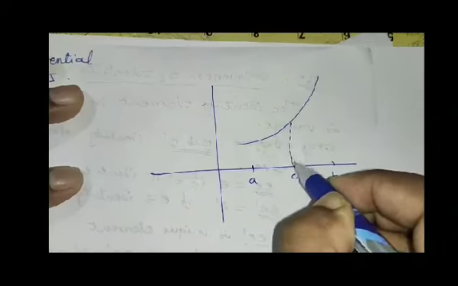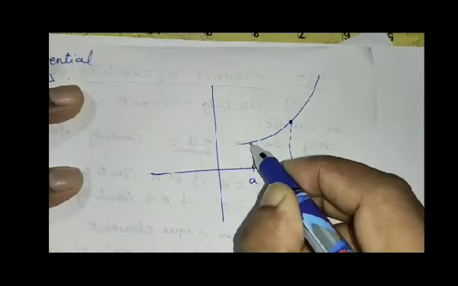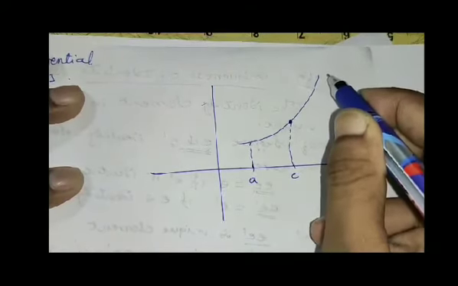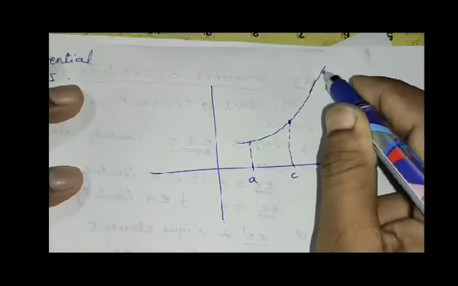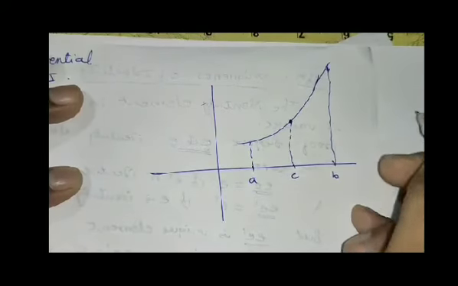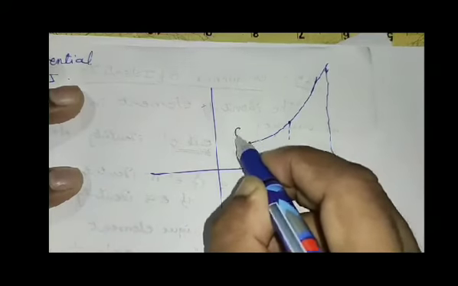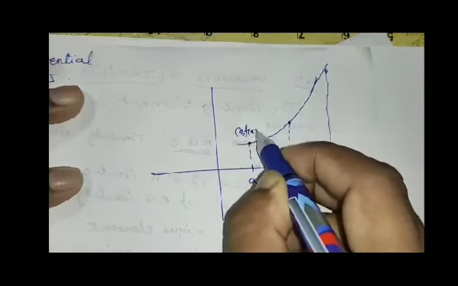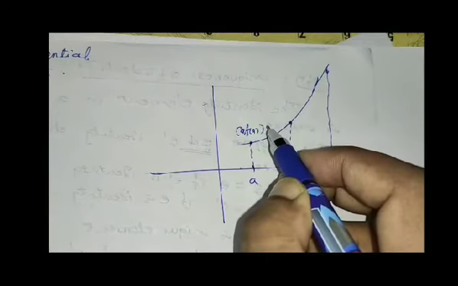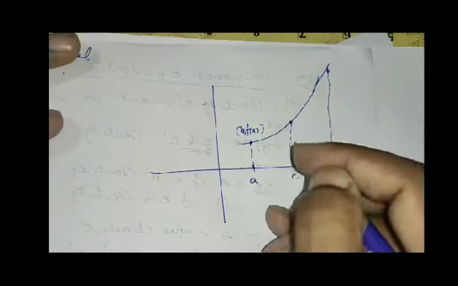So we get this point for a, which is a, f of a.